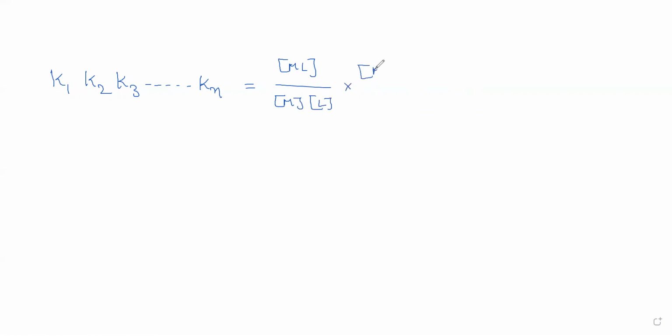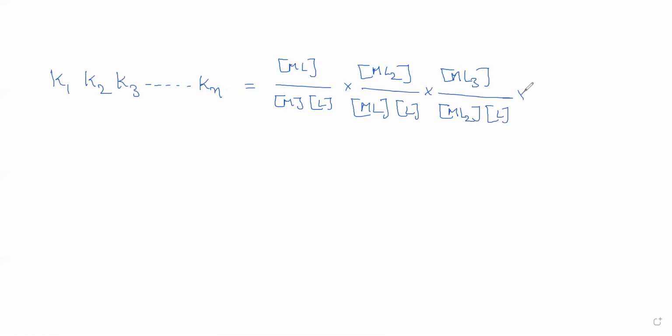K2 is ML2 divided by ML into L, into the next one, ML3 divided by ML2 into L. You can go on like this. The final one is MLn divided by MLn minus 1 times L.